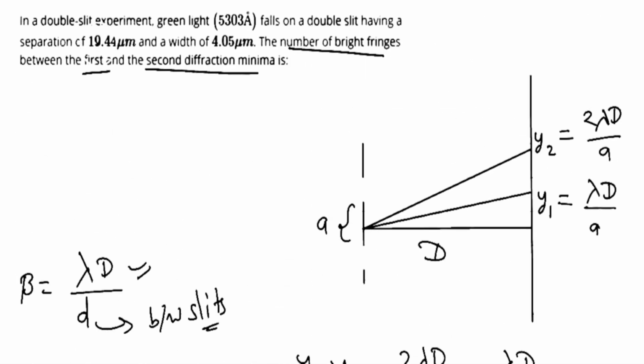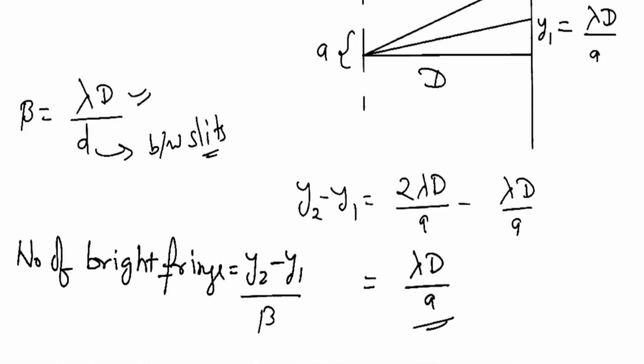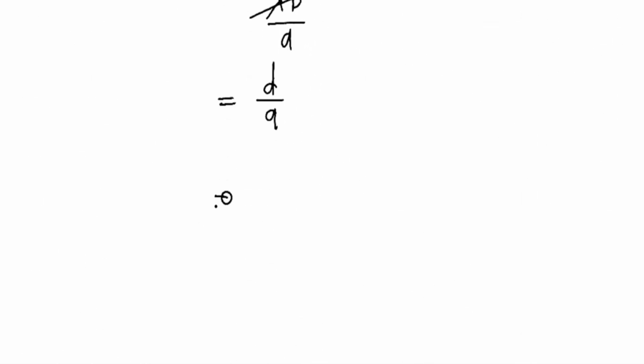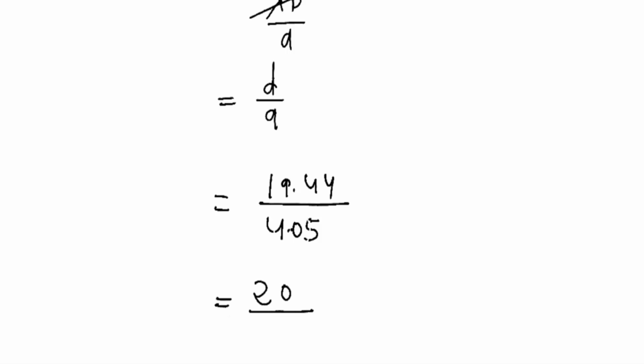The d is the double slit separation 19.44, and a is 4.05 micrometer. If we substitute the values, it will be 19.44 by 4.05. So this is approximately 20 by 4, so it will be 5.